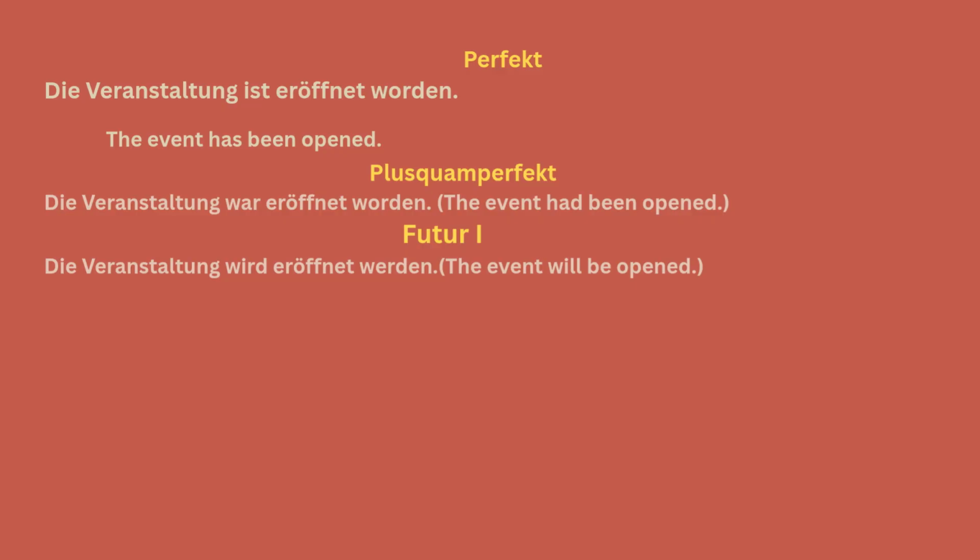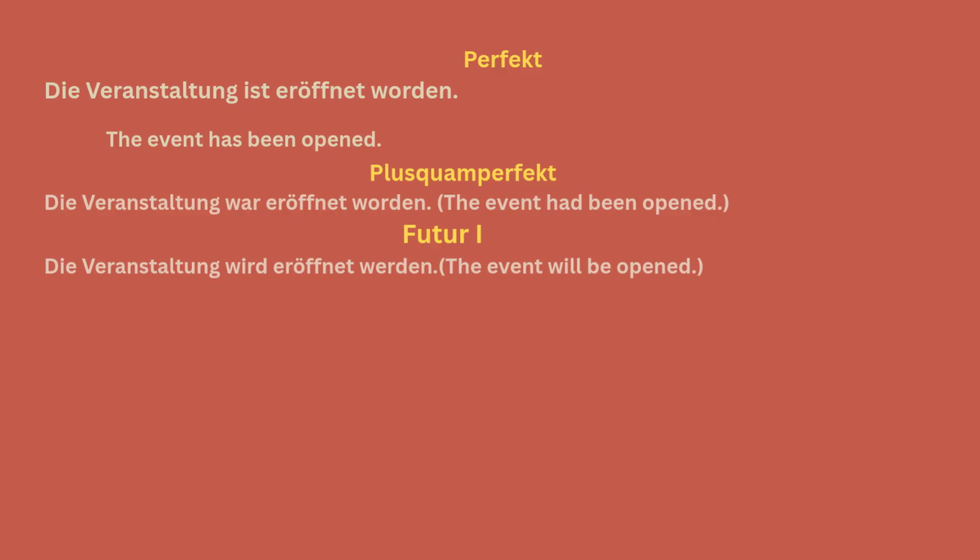Here there are two actions in the past, and one is happening before the other. The action which happened first will be in Plusquamperfekt. So I can say, die Veranstaltung war eröffnet worden, and after that another action happened.